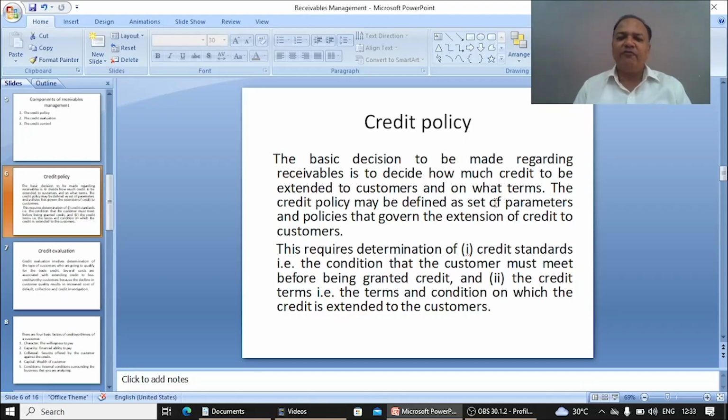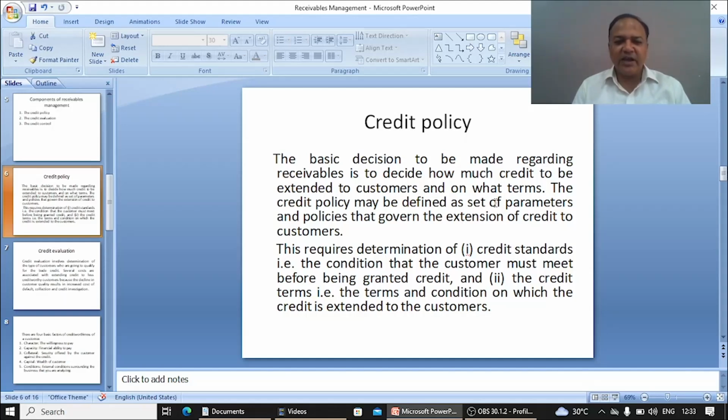It means whenever we are ready to give credit to our customer, he should satisfy the minimum required condition. If he is unable to satisfy the condition, then we will not give any type of credit to the customer.